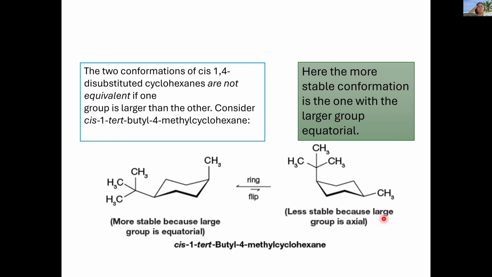When there are two conformations of cis, let me consider another one. This one is cis or trans? Cis. If you flip, it is still cis. Which one is more stable, the first or the second?